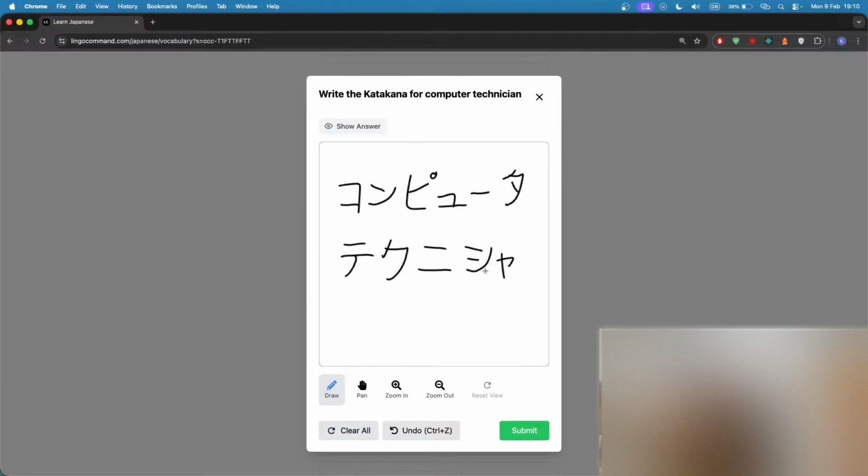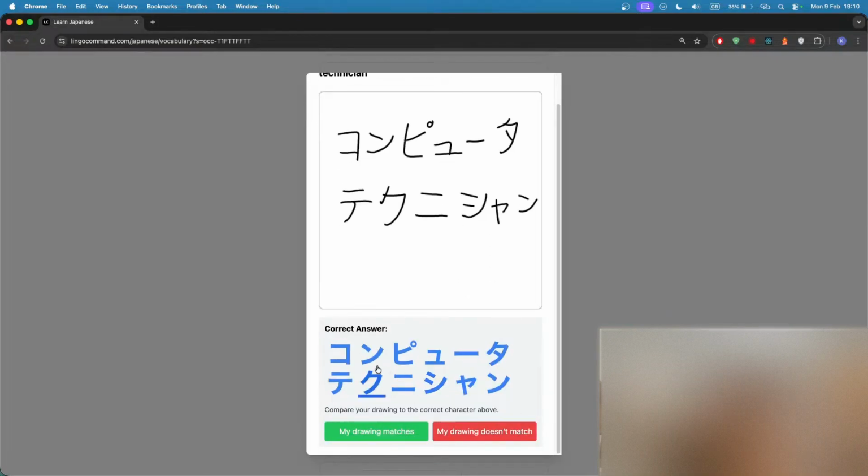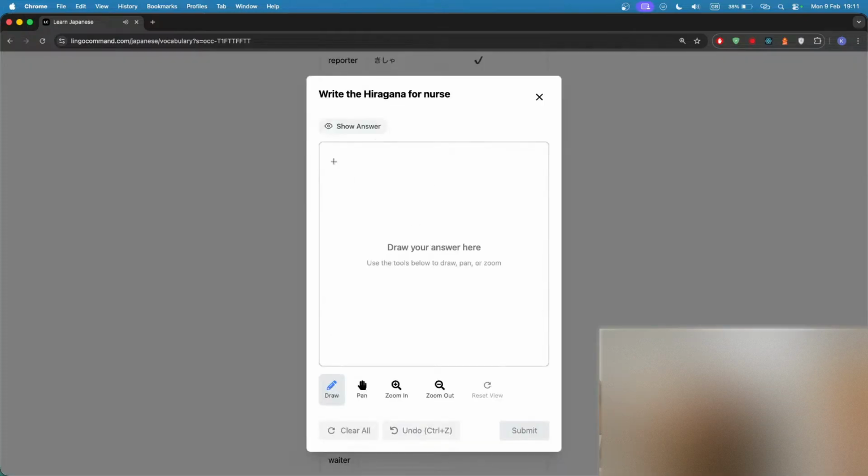This is ya. This forms a hiragana yoon combination called sha. And then we just need an n. So it's computer technician with the yoon combination there. So let's take a look. Computer technician. We did it.